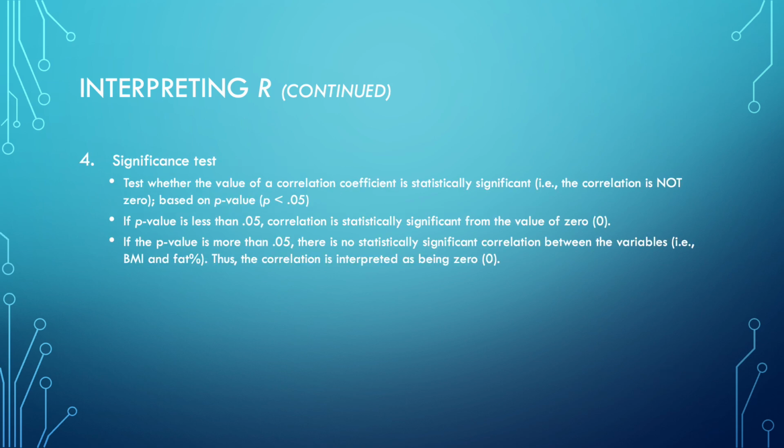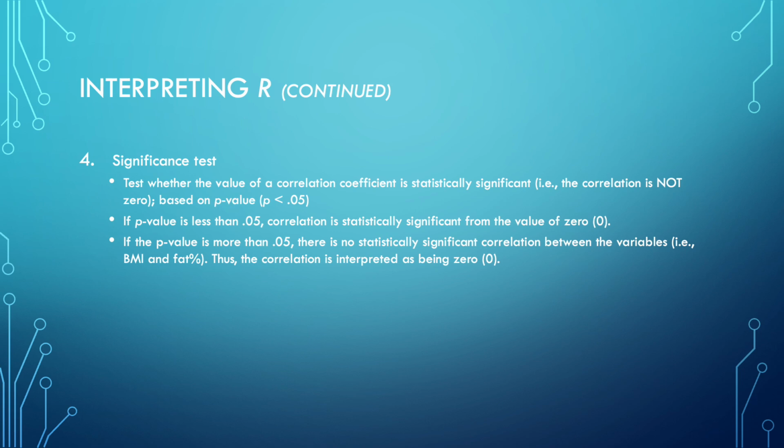Our fourth and final component of interpreting R is our significance test. This is a test to determine whether the value of a correlation coefficient is statistically significant. For example, if the correlation is not 0, how statistically significant is that?